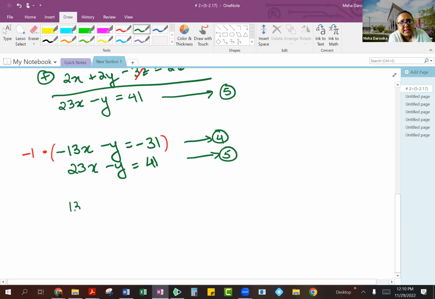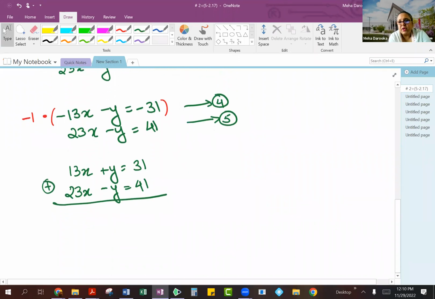So that becomes a positive 13x, positive y, positive 31, and then keeping the second equation the same, 23x minus y equals 41. And then when you add this together, your y should cancel out and you should be able to find a value for x.